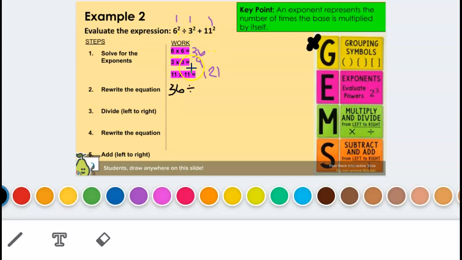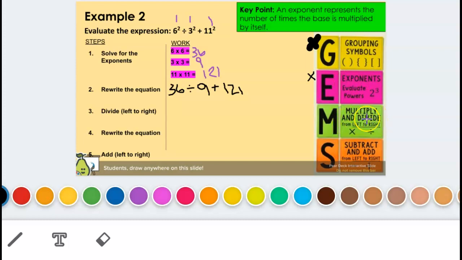Well, 3 times 3 is 9. So we'll put that 9 there. Plus 11 squared, which we did right here, which is 121. All right, now we've completed our exponents.